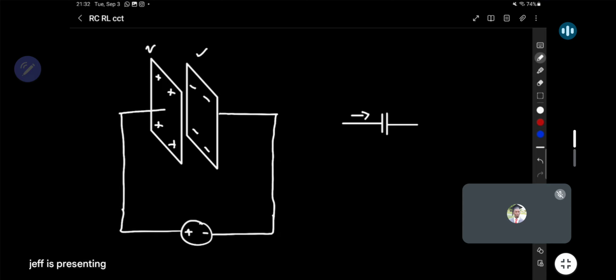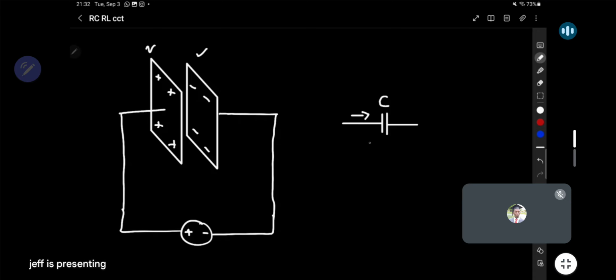We're going to see exactly what it is, but it's a characteristic property of a capacitor. Whenever a capacitor is given in a circuit, they're going to tell us its characteristic value, the capacitance C.